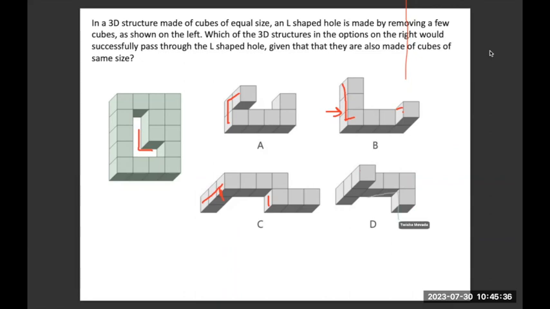Oh, no, that is wrong. One minute, who had given the answer A, B, C, D? Let me ask those people. Where are they? Okay, let me ask you one simple question.